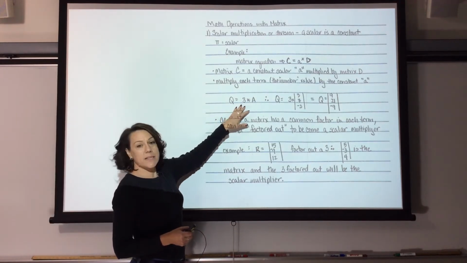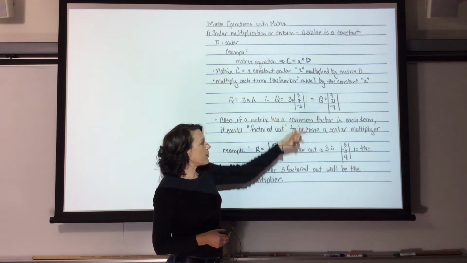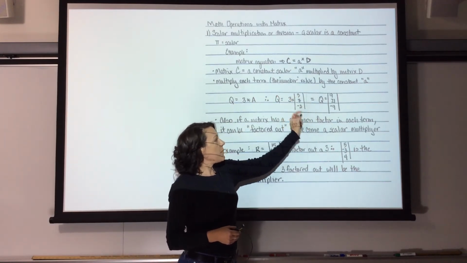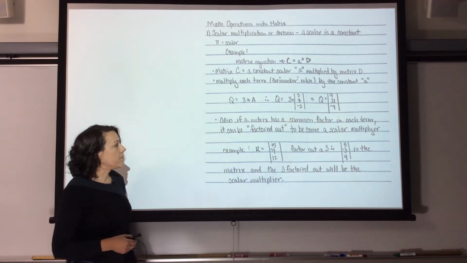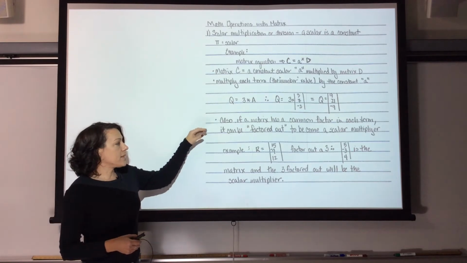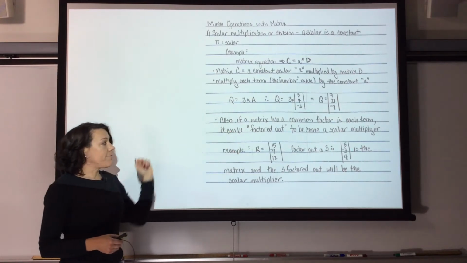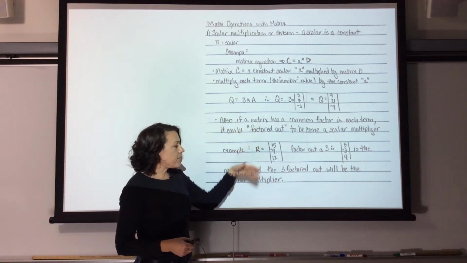So 3 is my scalar here, with a matrix A. Let's say it's a vector matrix and I have 3, 7, and negative 3. All you're doing is multiplying: 3 by 3 gives me 9, 3 by 7 gives me 21, 3 by negative 3 gives me negative 9. Also, if a matrix has a common factor, it could actually be factored out and it will become a scalar. For example, I've got 15, negative 9, and 12.